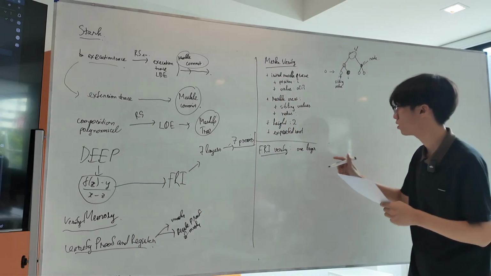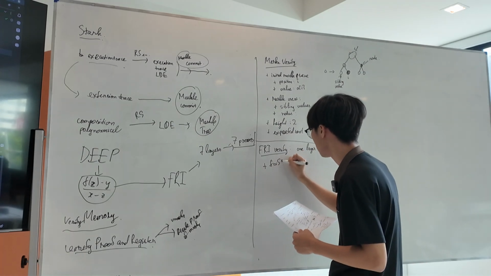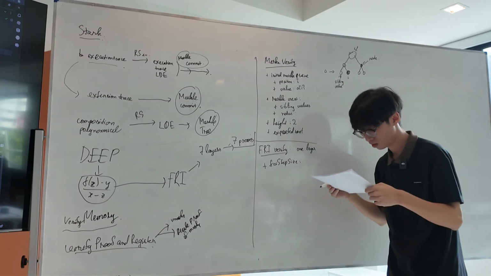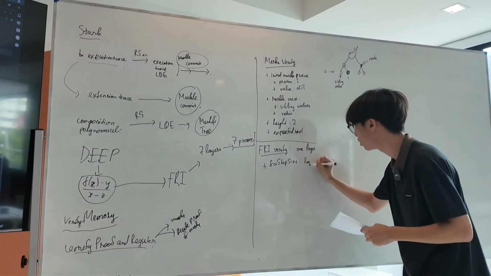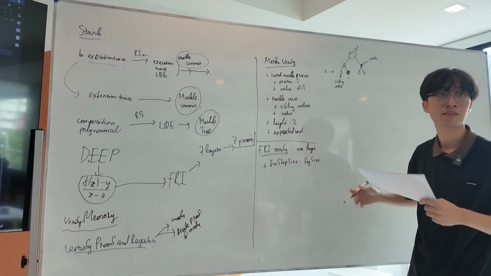So first thing is FRI step size. This one is a logarithmic size of the FRI step.